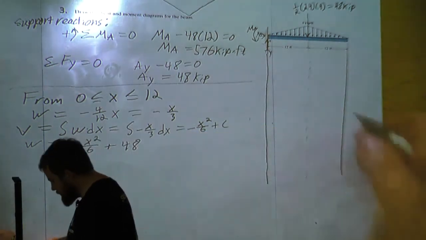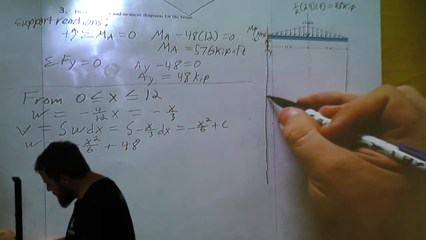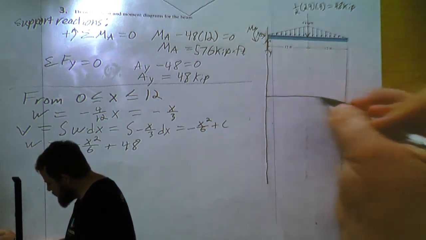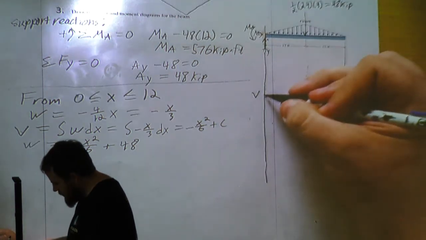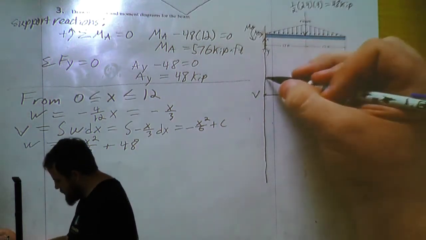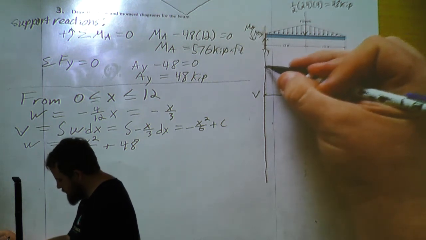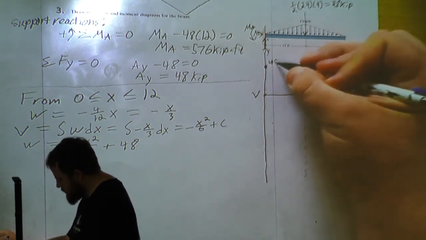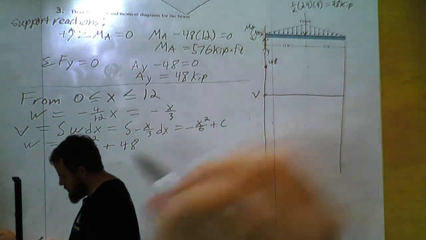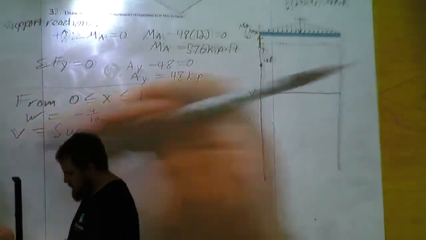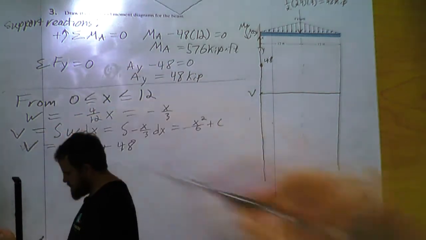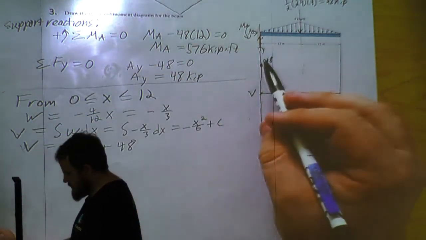Right? So let's draw my shear. So at the very beginning, we just go up to 48 kips. So, sorry, this should be a V, not a W. That's why that's our C value, though.